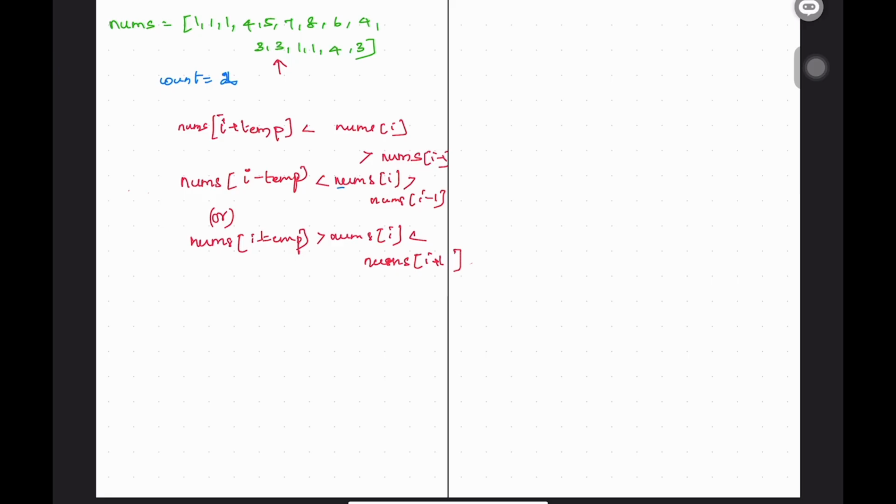Now if the nums of I is greater, then it is just a hill. If nums of I is smaller, that is a valley. This is the condition that we are going to use.